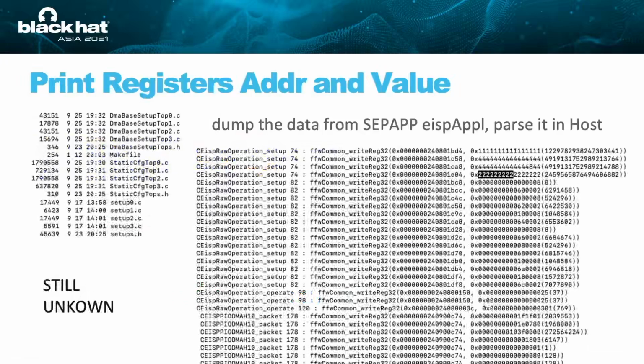In order to clarify the meaning of these register addresses and values, I simulated the code of parsing configuration on the local computer. But after printing out all the register addresses and values, I can only interpret the meaning of some addresses and values.